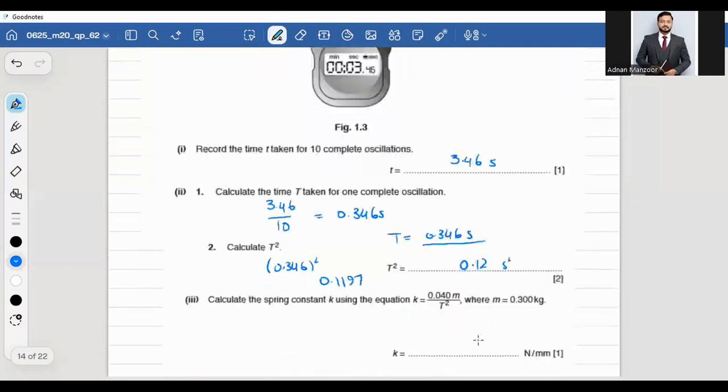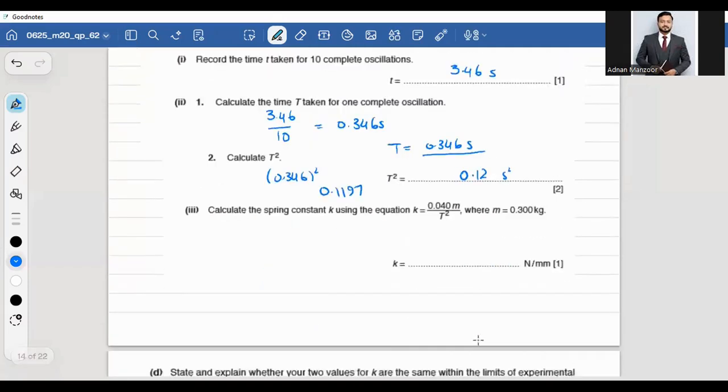Calculate the spring constant using the equation K equals 0.040 m by t squared, where m is this. So 0.040 into 0.30 divided by t squared, that was 0.12. Now that's a very important thing, even though it's a very simple and easy question.